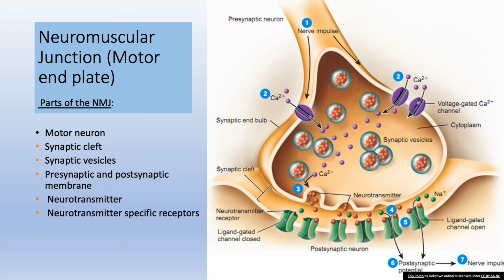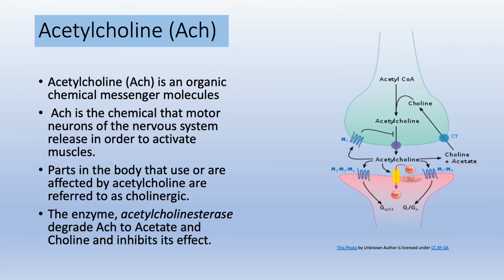This picture shows how the synaptic vesicles come and become part of the presynaptic membrane, and through exocytosis release the neurotransmitters into the synaptic cleft. After the acetylcholine is in the synaptic cleft, how does it find the receptors? Acetylcholine is an organic chemical messenger molecule.